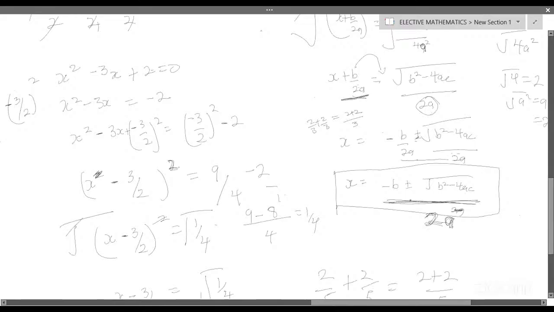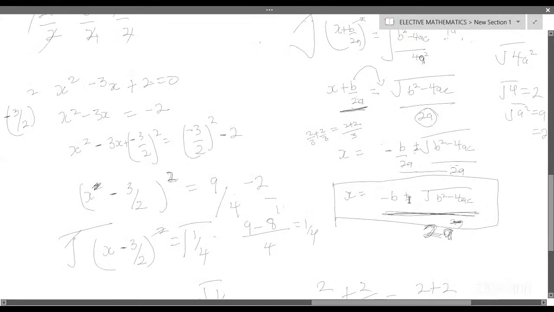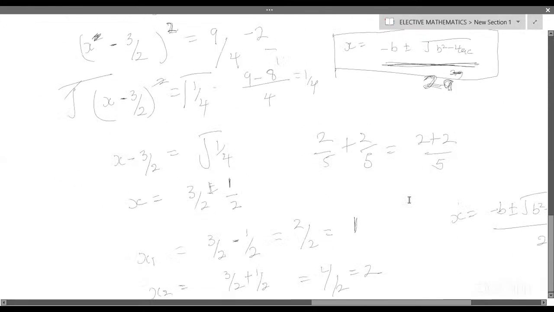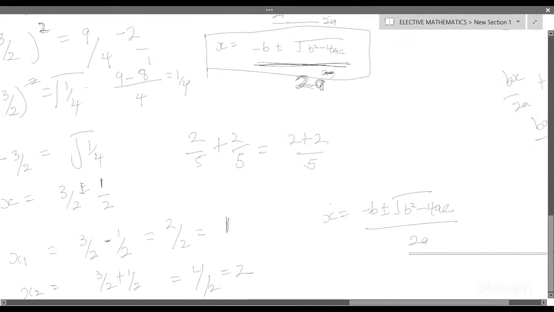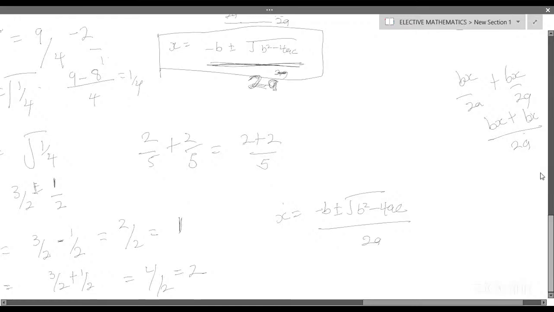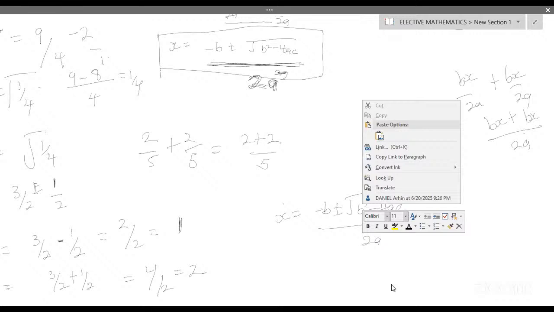So that is it. Now, when you use the quadratic formula straight up, you will get the same answer. In this one, we can generate two different answers.